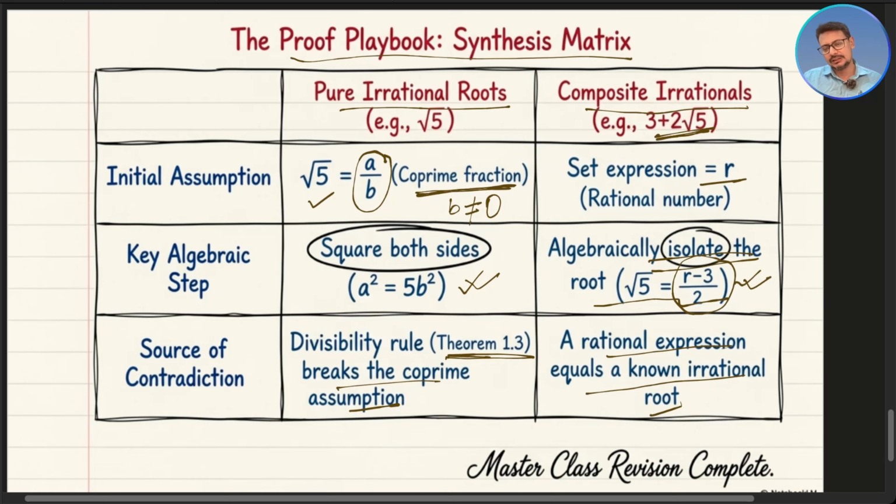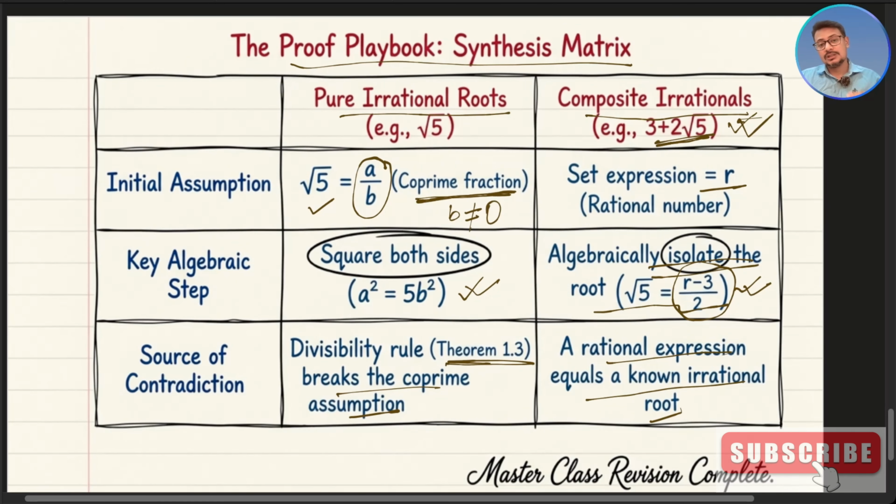Therefore the expression r minus 3 by 2 also has to be rational, which contradicts theorem 1.3 and theorem 1.4. Therefore our assumption was wrong, and hence the given composite irrational expression is irrational. That's how we can approach such problems.